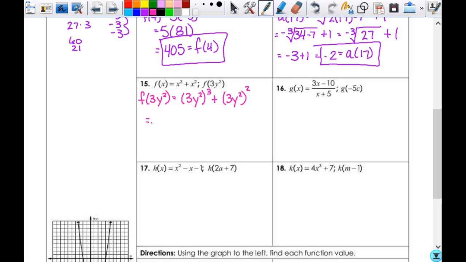What's 3 to the 3rd power? 27. We should know that by now, right? We did that here. We did the opposite there. So we get 27. You take a power to a power. What do you do with the numbers? You multiply them. Very good. So you get y to the 6th plus, then 3 squared is 9, y, and then that would be y to the 4th. That's f of 3y squared.